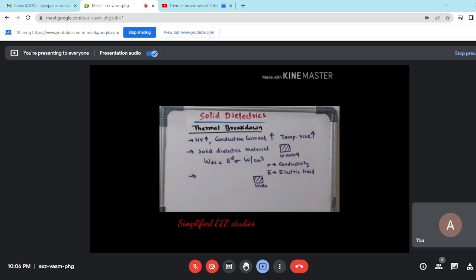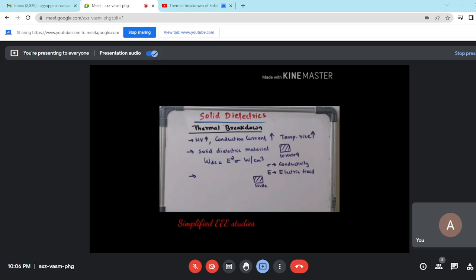Whenever you are applying high voltage AC, what will happen? Similar case, a small amount of conduction current will be generated inside the solid dielectric material. Because of that, a bulk amount of heat will be generated inside the dielectric material.